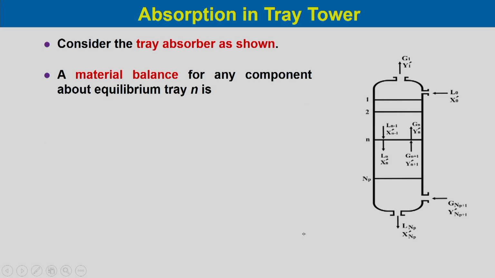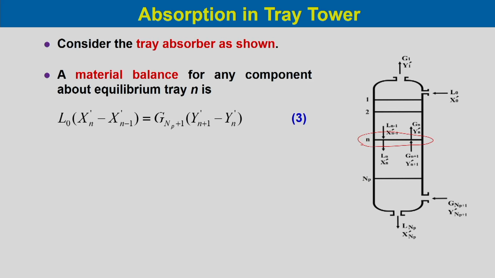Now, consider the tray absorber as shown over here, and if we do a material balance for any component about the equilibrium tray n, we can write L_0 (x_n' minus x_{n-1}') would be equal to G_{n+1} (y_{n+1}' minus y_n').